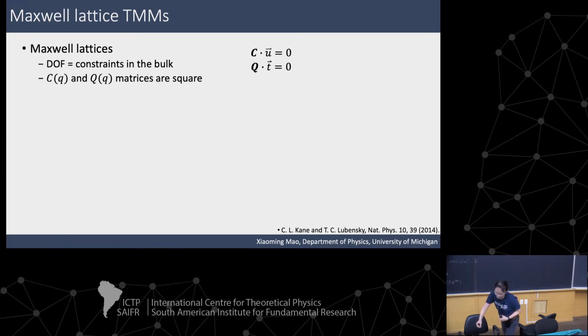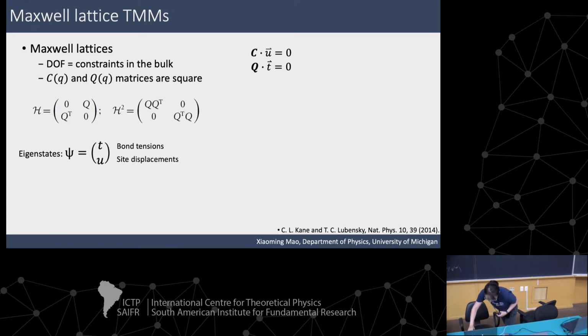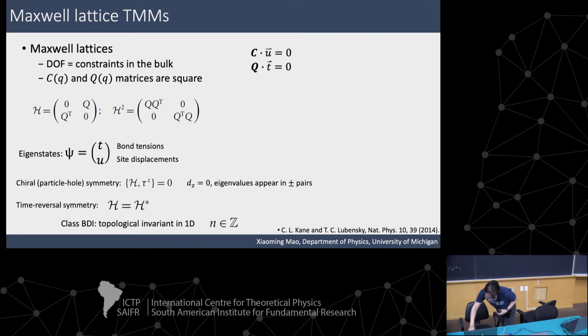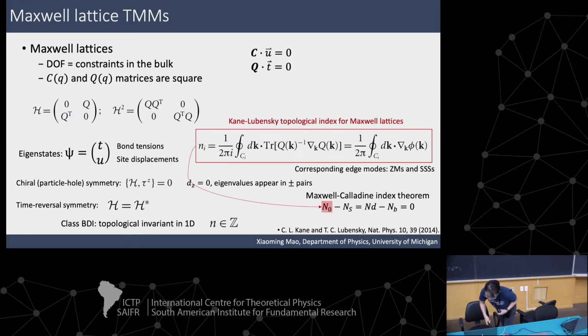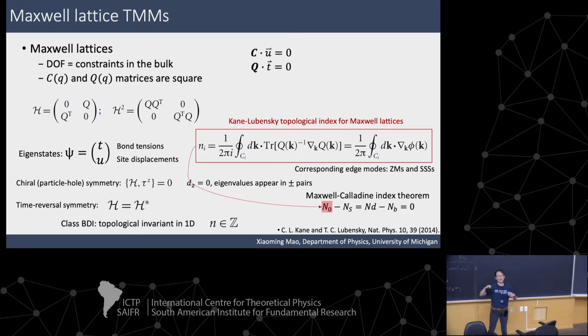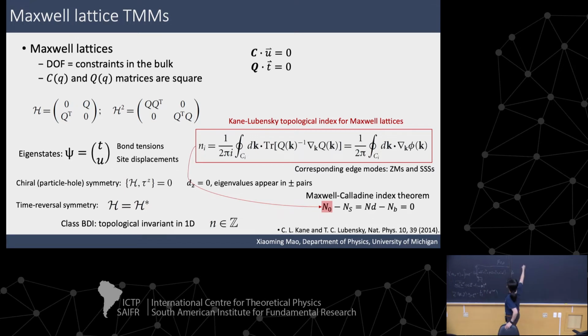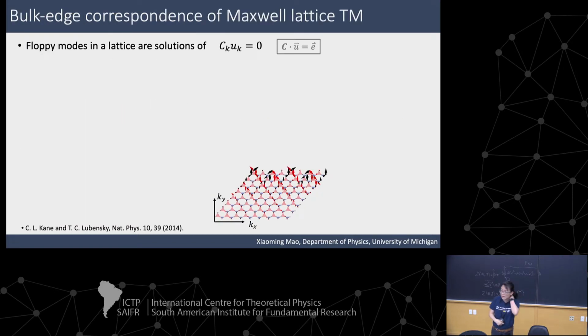We have Q and C matrices, and following Kane and Lubensky, we constructed this chiral Hamiltonian, where when you calculate the topological winding number, it tells you the zero modes and the states of self-stress. Next, I'm going to spend a little time to explain how it really works, why this winding number tells you the states of self-stress and the zero modes at the interface and the boundaries of the system. So it takes a few steps.